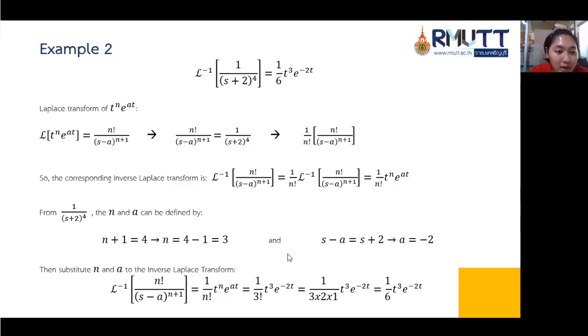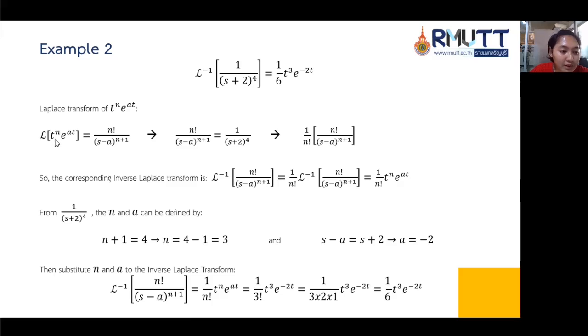Then the second problem: the inverse Laplace transform of 1 divided by s plus 2 to the power of 4 is equal to 1/6 times t cubed times e to the power of negative 2t. As we know, the Laplace transform of t to the power of n times e to the power of at is defined.